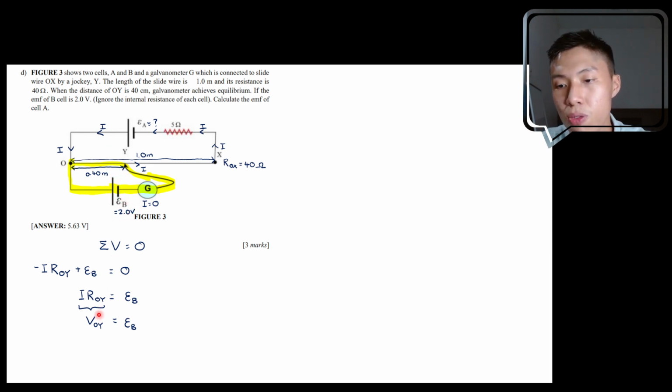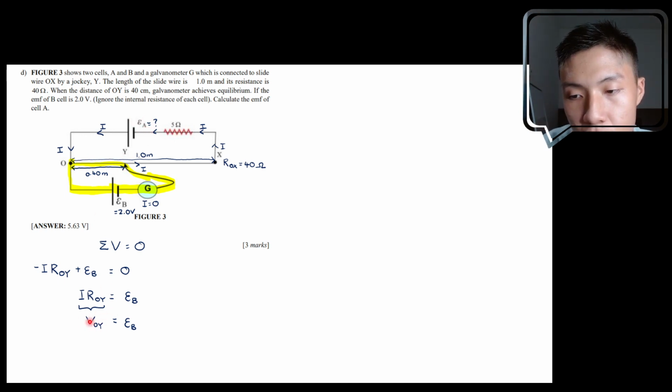We just need to determine V_OY. So we know that V_OY here will also be equal to 2 volt. And from there, we have to relate it to the EMF of cell A. So how do we determine the voltage across OY?